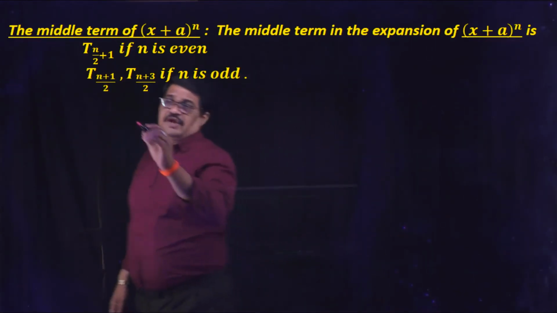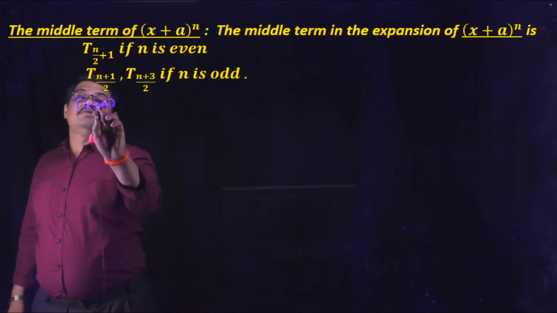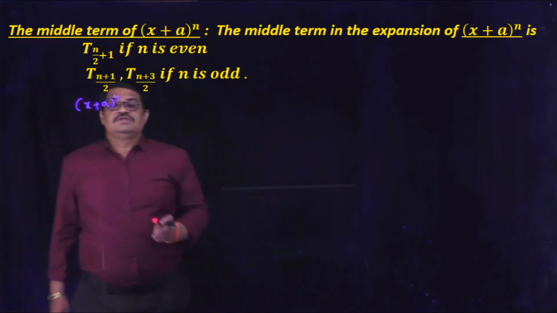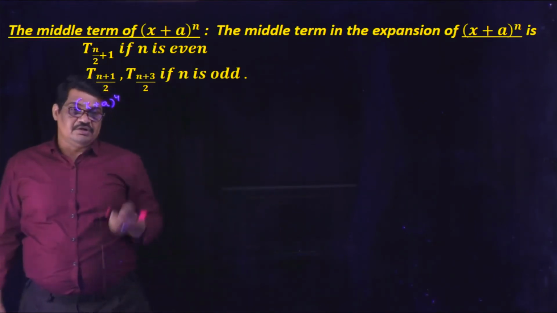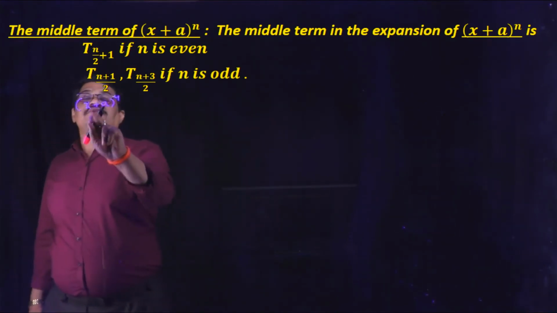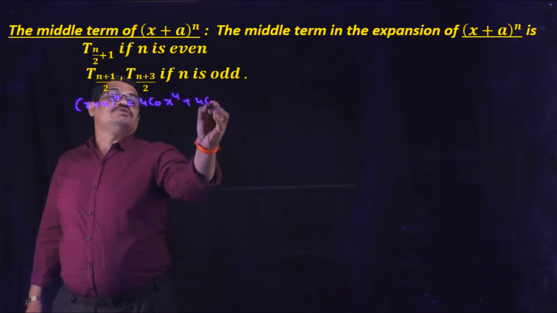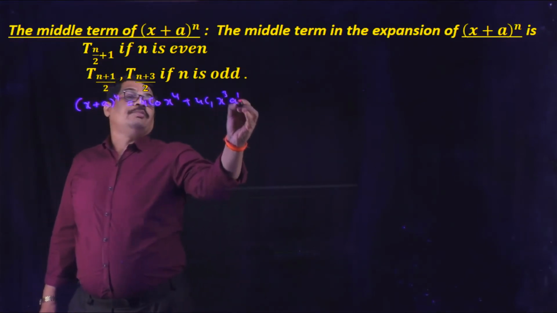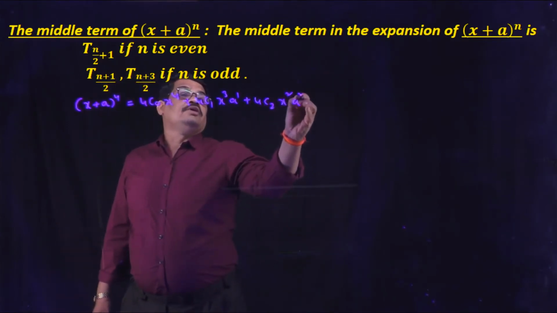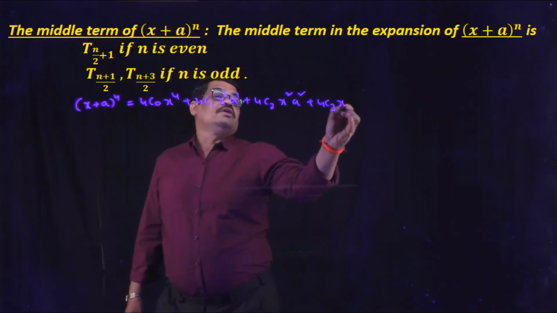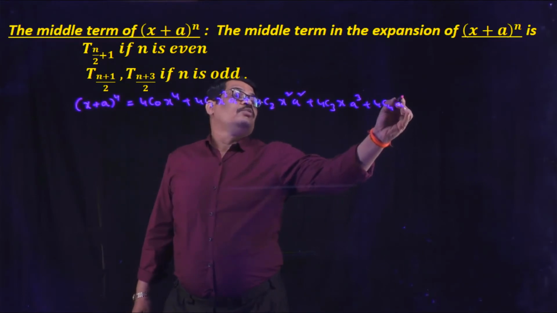Observe this expansion. Suppose (x plus a) whole to the power of 4. In this expression, the index is 4, which is an even number. The expansion is 4C0 x to the power of 4 plus 4C1 x cube into a power 1 plus 4C2 x square into a square, 4C3 x a cube and 4C4 x power 0 a to the power of 4.